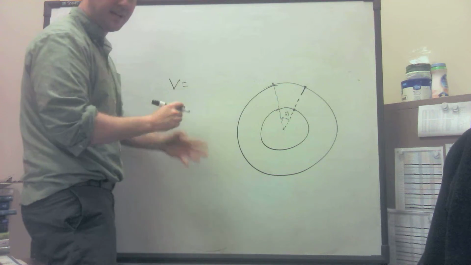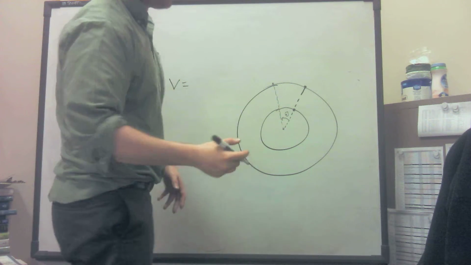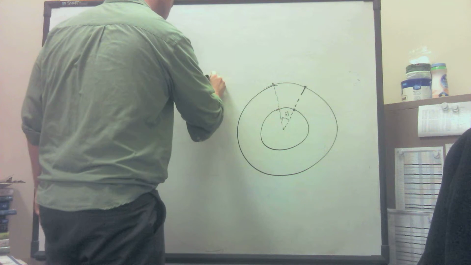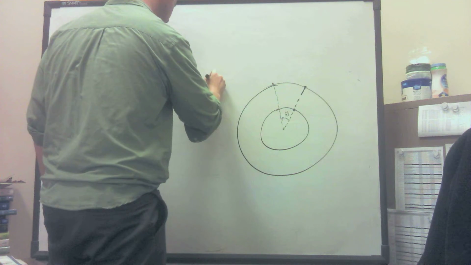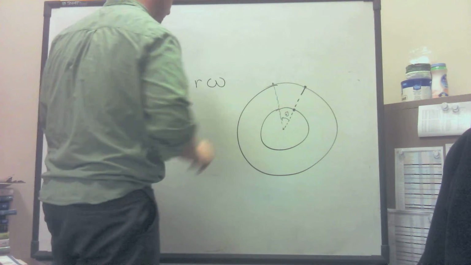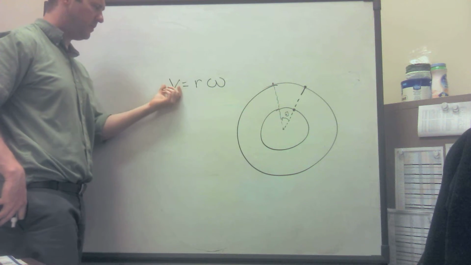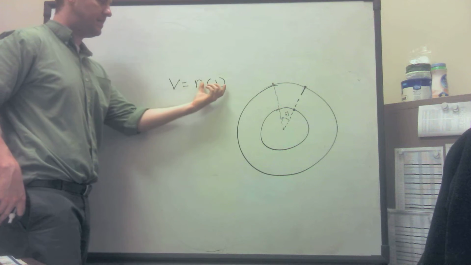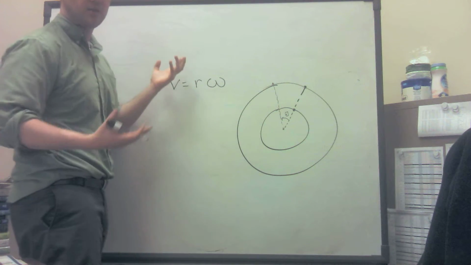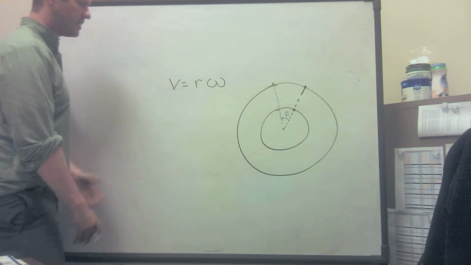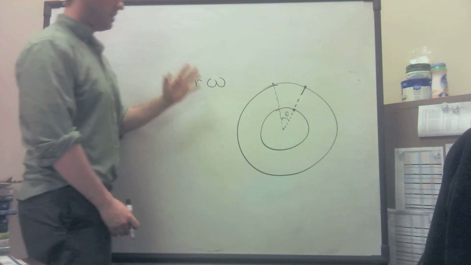A simpler way of saying that is it's r times omega. Nice omega there. So as the radius increases, the linear speed, which is the radius times the angular speed, would also have to increase. So that's a nice way of memorizing it if it helps you.